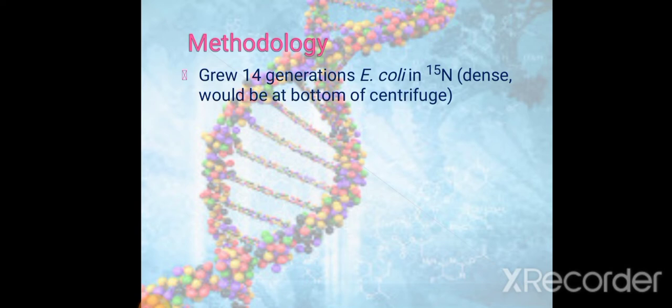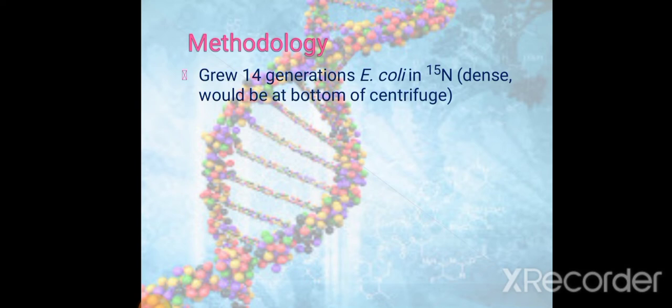Means the E. coli cells are utilized as the host cells for studying this mode of DNA replication. Initially these E. coli cells contain N14 within their DNA. Such E. coli cells are transferred to a growth medium with NH4Cl which contains the N15 isotope.